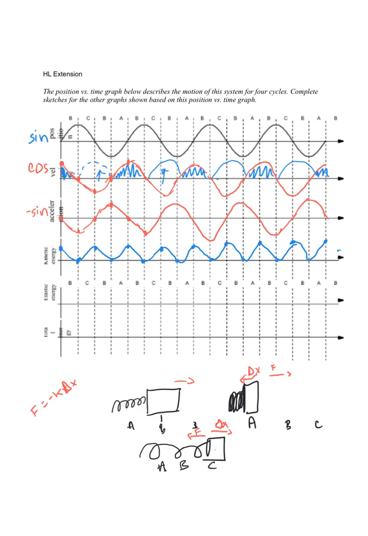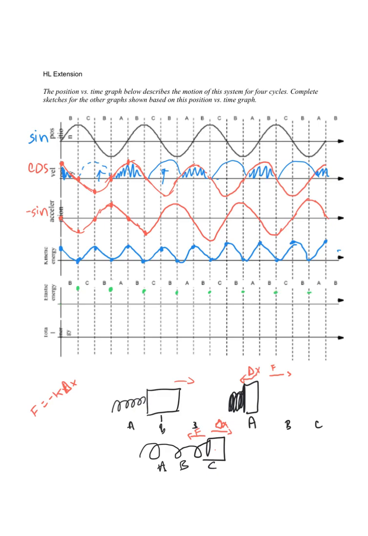Finally, we look at our elastic energy. Our elastic potential is going to be at a maximum at points C and A, as those are the places where our spring is stretched out the most. So let me go ahead and draw those maxima for our A and C positions.